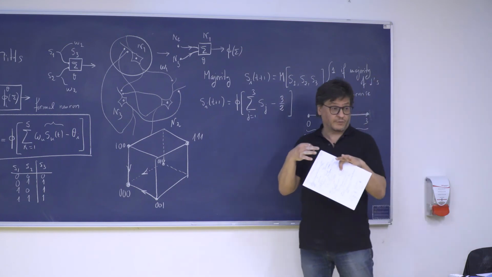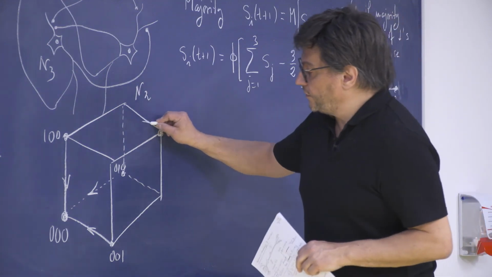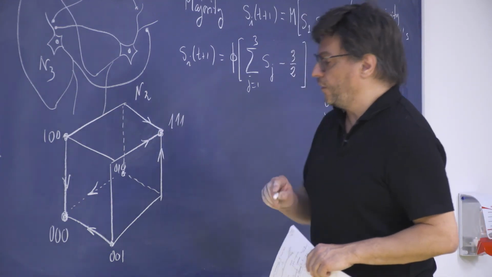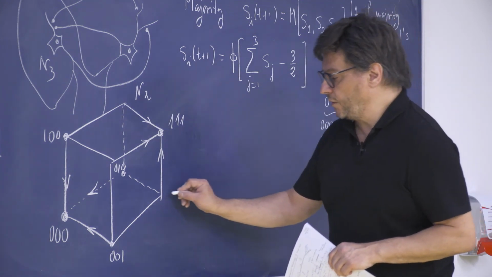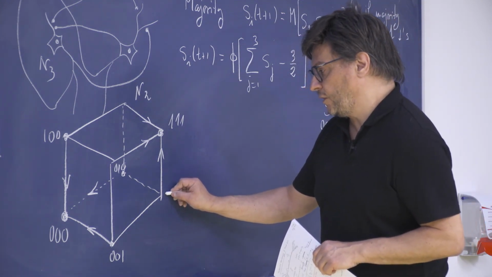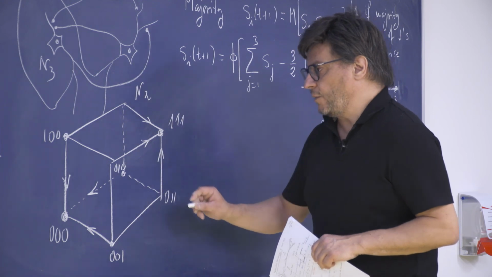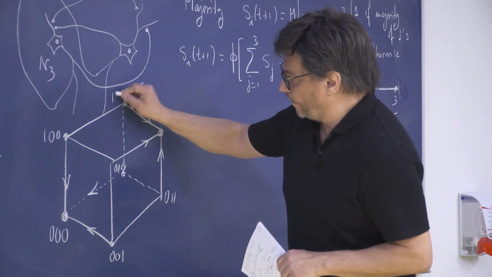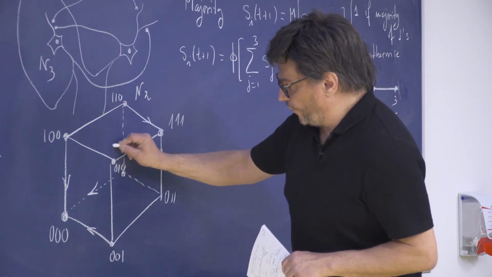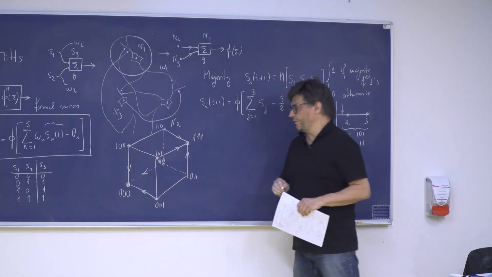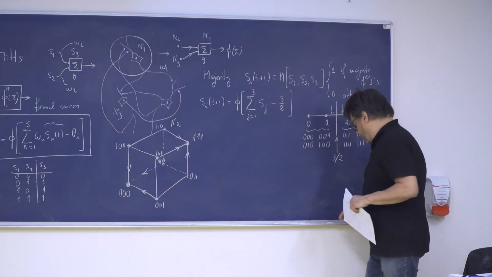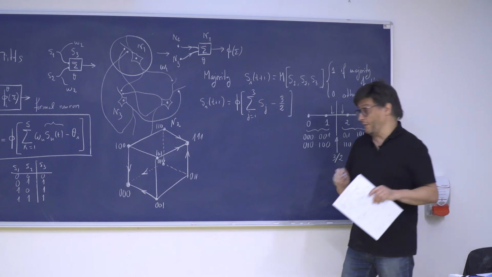That's one attractor. And all the others go into this other state, right? Which ones? Well, those that have a majority of ones, all right? Okay, so two attractors in the dynamics.